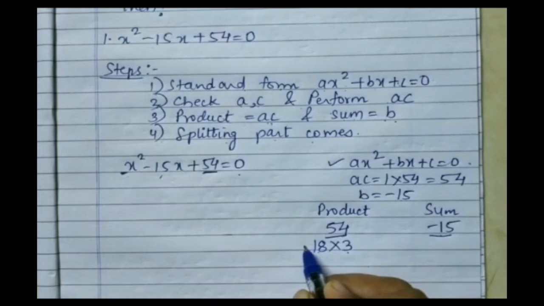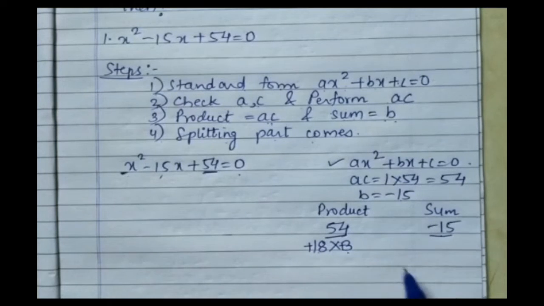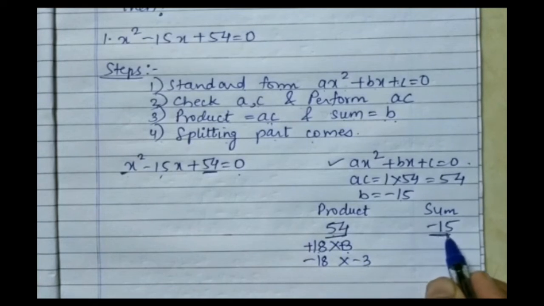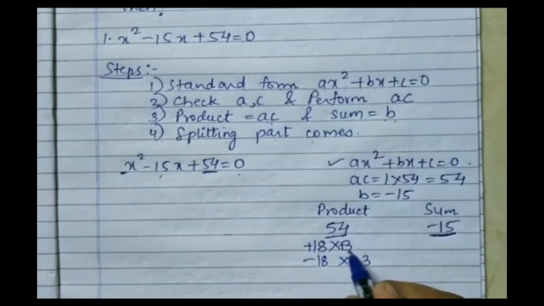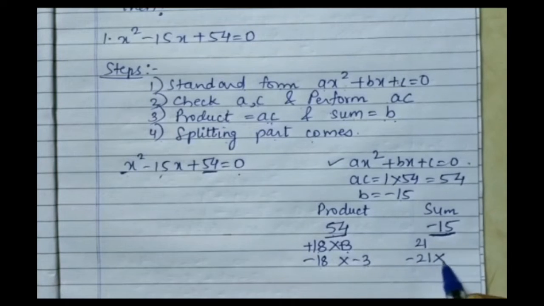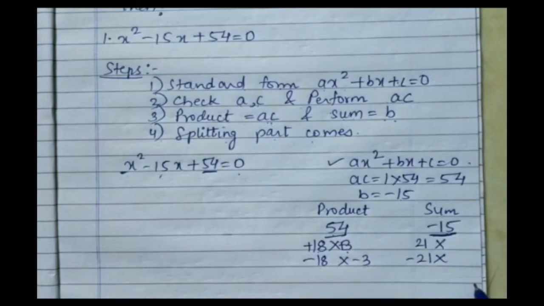Because here it is plus 18 plus 3, or it could be minus 18 into minus 3 will give me 54. But in any way, can I get minus 15? Plus 18 plus 3 is going to give me 21, and minus 18 minus 3 is going to give me minus 21. So this is not going to work.